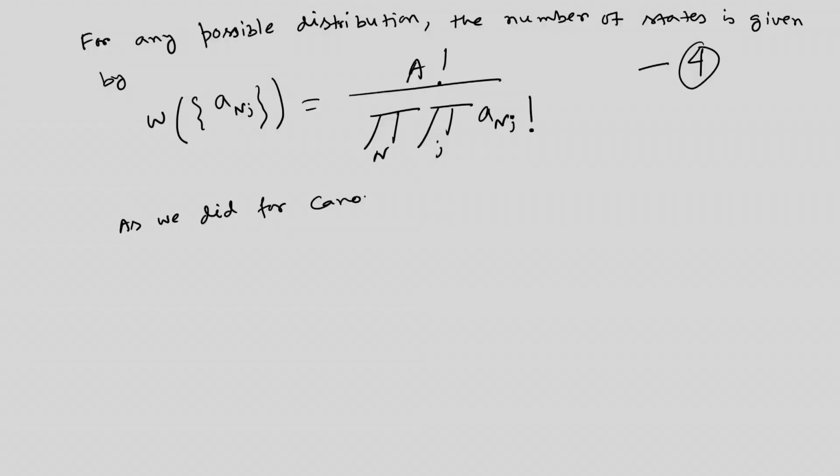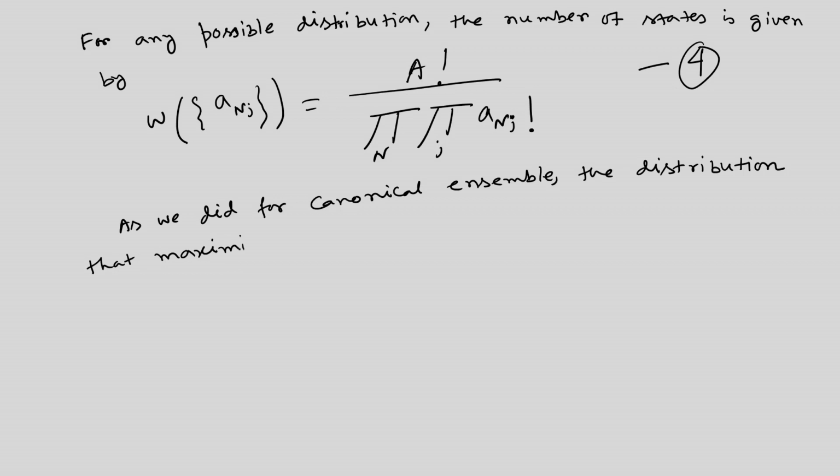So, as in the treatment we did for canonical ensemble, the distribution that maximizes W subject to the appropriate constraints. So, we have 3 constraints here.